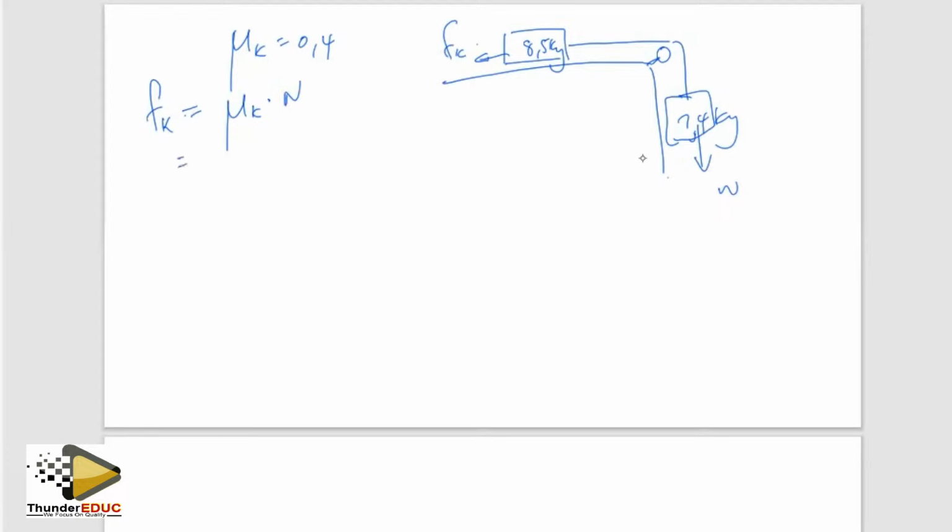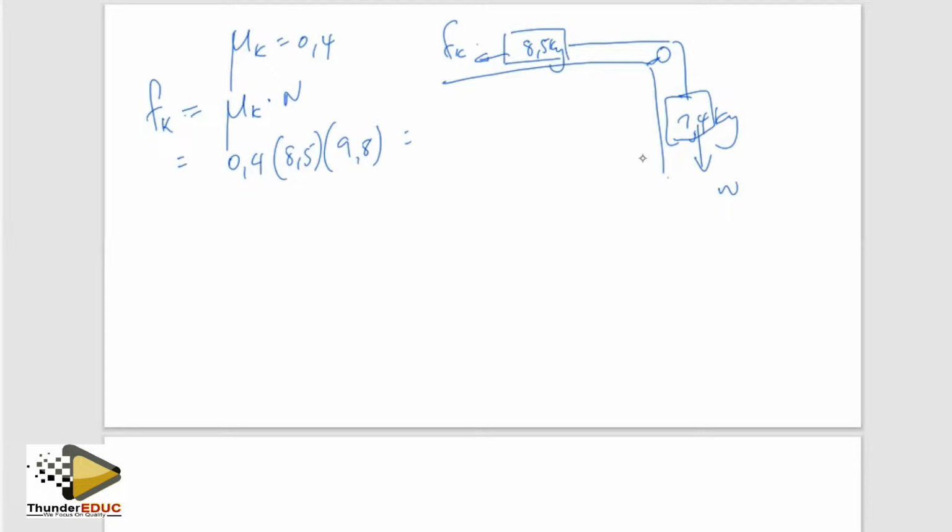In this case, it's just going to be the 0.4 multiplied by the 8.5 multiplied by the 9.8. So punching that into my calculator, what do I get? 0.4 times 8.5 times 9.8.